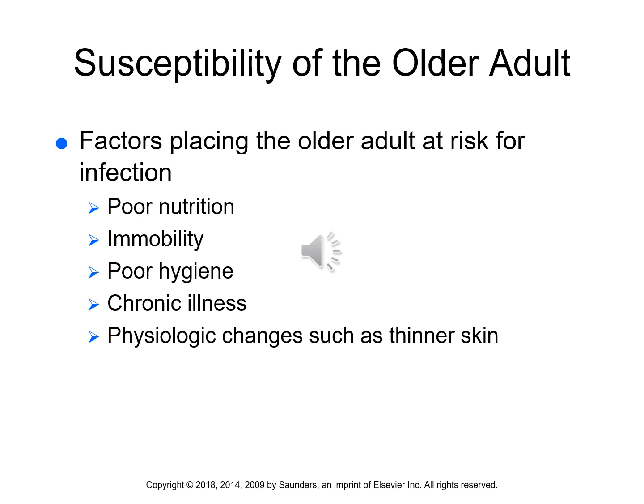Immobility, if they've had a stroke or different neurological diseases causing immobility, puts them at increased risk for infection. Poor hygiene, and just physiologic changes overall that occur as you age, like your skin gets thinner. All those things increase the risk for our older adults developing an infection.